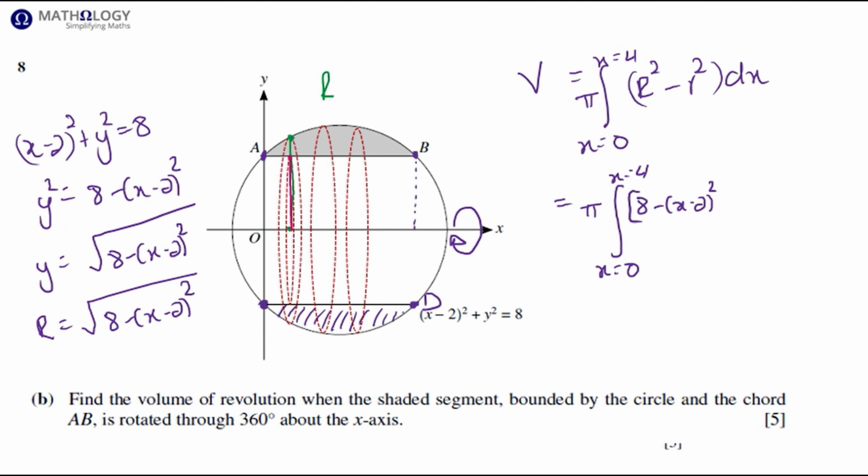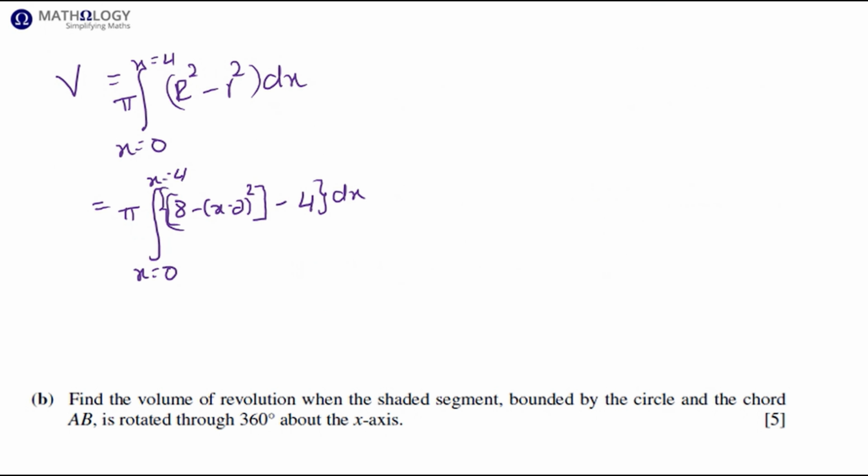So this is your uppercase R squared less lowercase r squared, which is from the straight line where y equals 2 less y equals 0, so it's going to be 2. 2 squared will be 4, and then this is integrated with respect to x. Okay, so that will equal pi times the integral from x equals 0 to x equals 4.